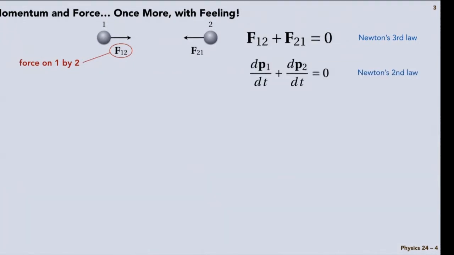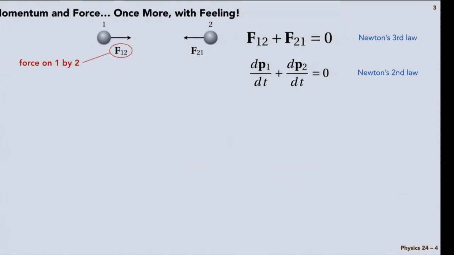And we defined the force to be that which is exerted on an object to cause its time rate of change of momentum. So if the force on 1 is caused by number 2, the time rate of change of momentum of 1 should be the net force on 1, in this case caused by 2.